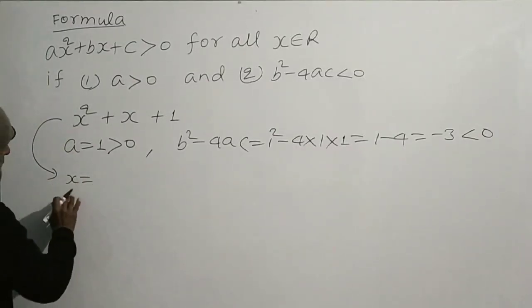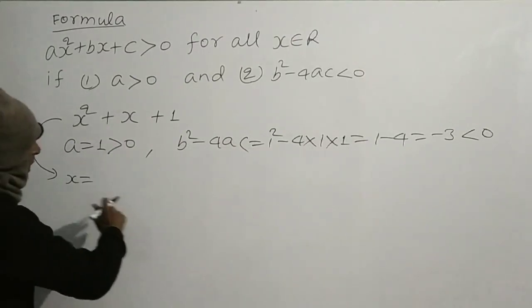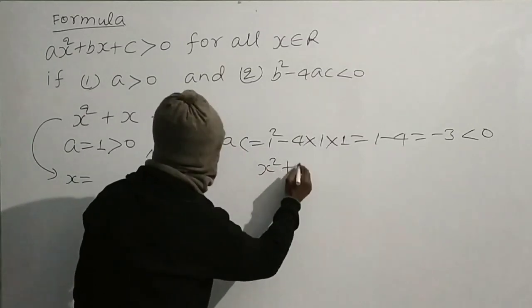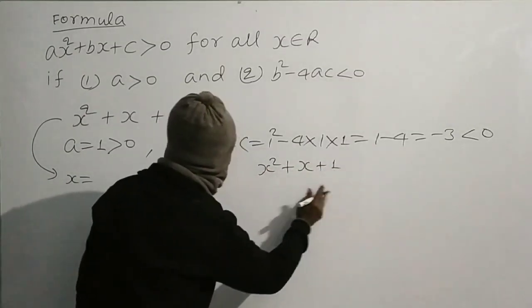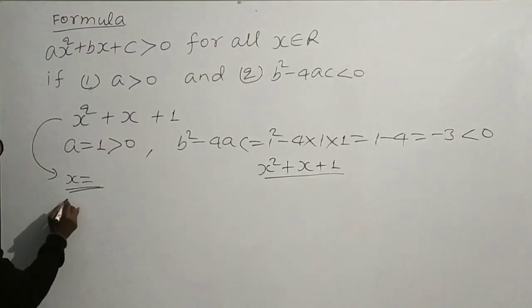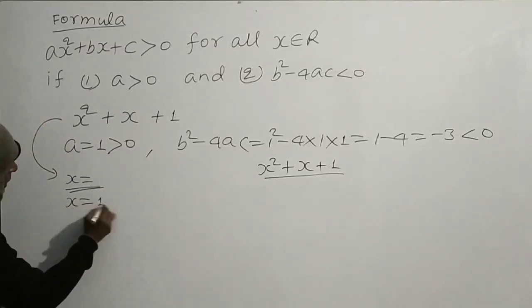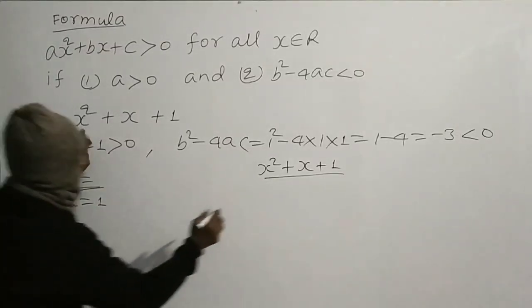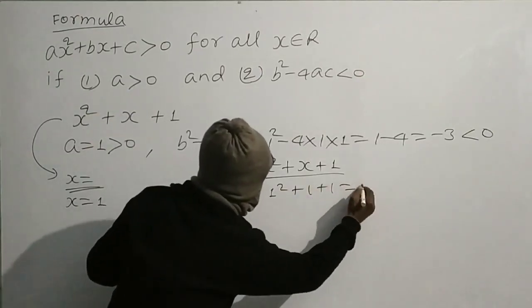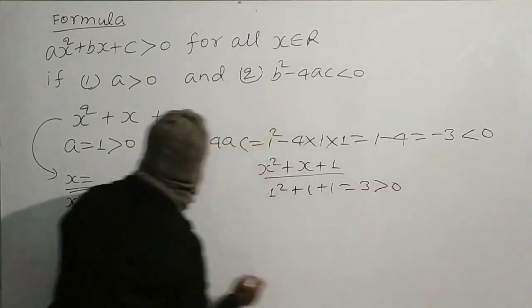We put a value of x here and calculate the value of x square plus x plus 1. When we put x is equal to 1, this becomes 1 square plus 1 plus 1, that is equal to 3, which is positive.